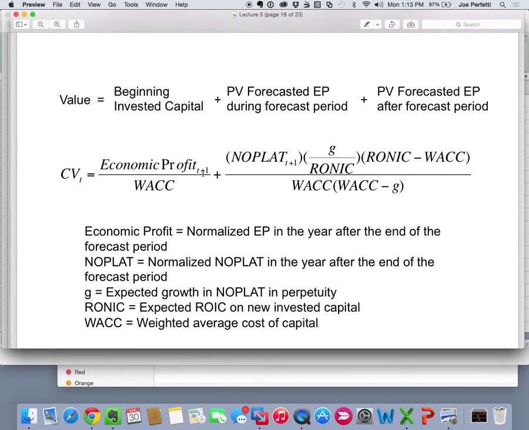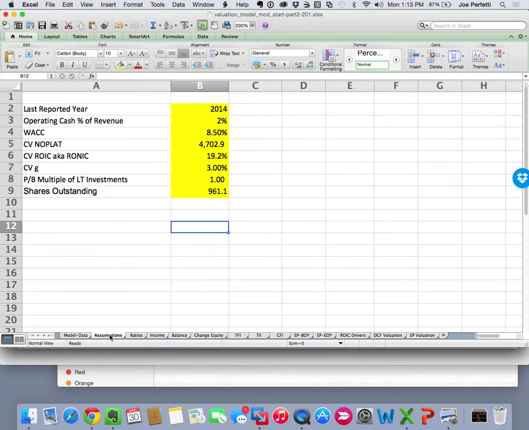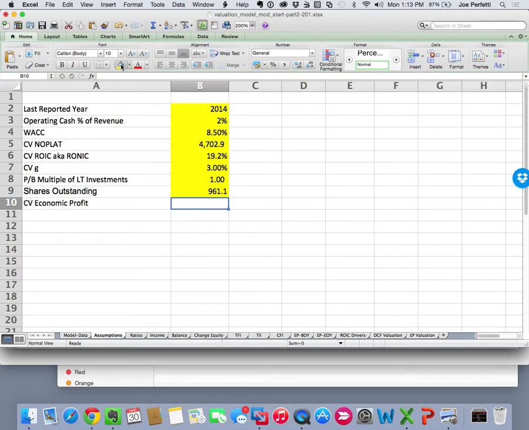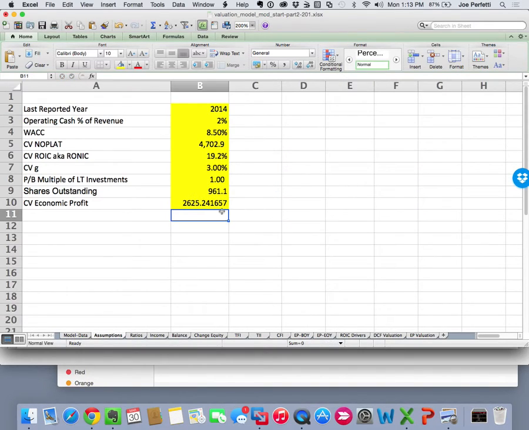Which is our 2020 economic profit. So what I'm going to do is go back to the Assumptions tab, and I need a CV economic profit, which is going to be, from the BOY, again we're using beginning of year, 2020 economic profit after goodwill, L23. Got 2 decimal places, 1 decimal place.